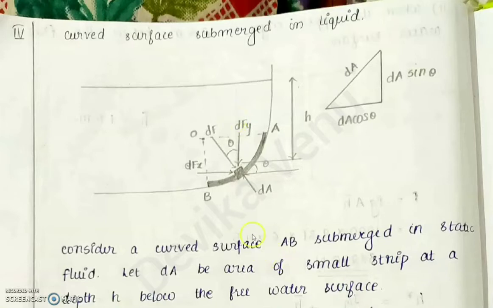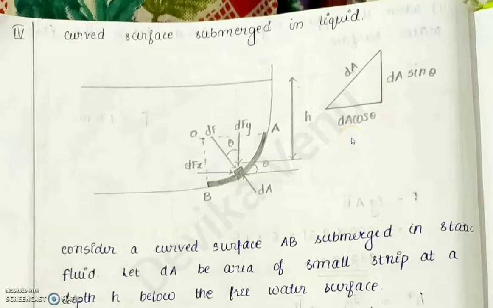Again, small dA can be resolved into horizontal and vertical components as dA cos theta and dA sin theta. So this is pure trigonometry, and I hope this figure is clear to you all.